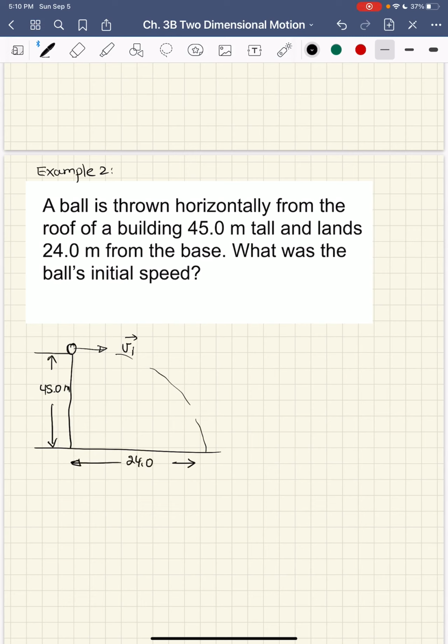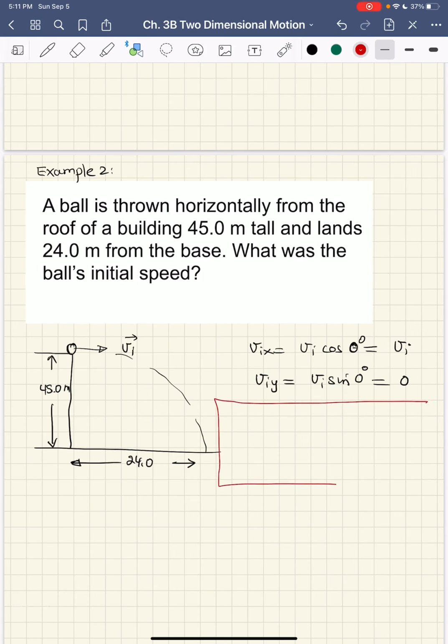Now again, my VIX is going to be VI cosine theta, which is cosine 0, and that is going to be VI. And for VIY, it is VI sine 0, and sine 0 is 0, then this is 0. Now, usually, if you have the information from the Y, you can use it to calculate maybe time or other stuff. Then let's arrange our values in that chart.